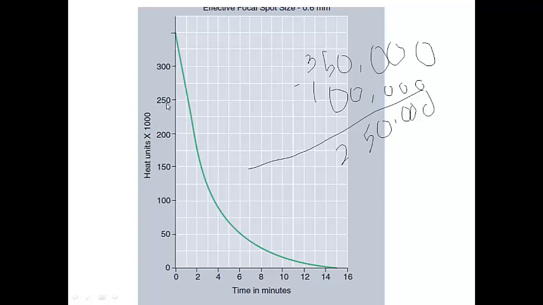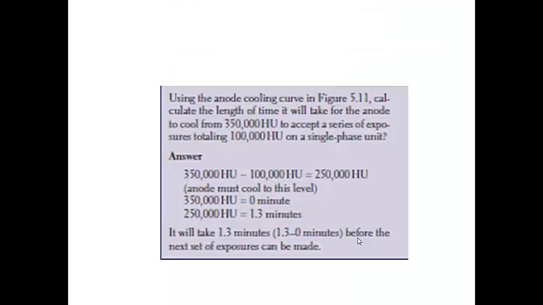So from here we go to 250,000. The time required is about, maybe somewhere here, about 1.3 minutes. So it will take 1.3 minutes before the next exposure of 100,000 HU can be made. So this is an example question regarding the anode cooling chart.